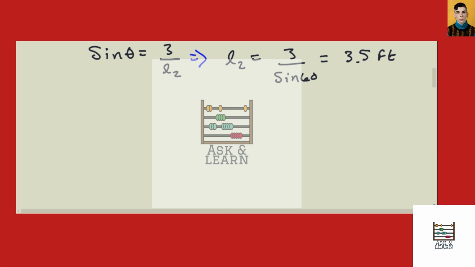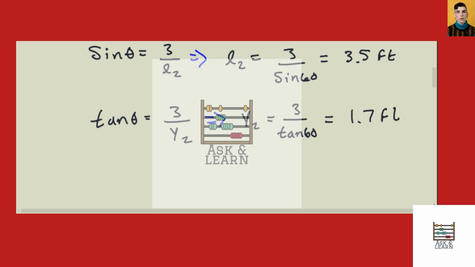And now let's look for y2. For y2, we can say tangent theta is equal to 3 divided by y2. Solving for y2, we get 3 divided by tangent 60. So y2 is 1.7 feet.